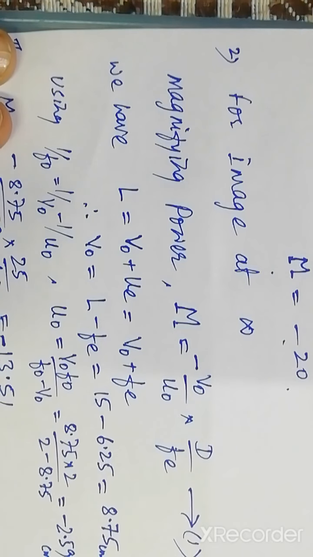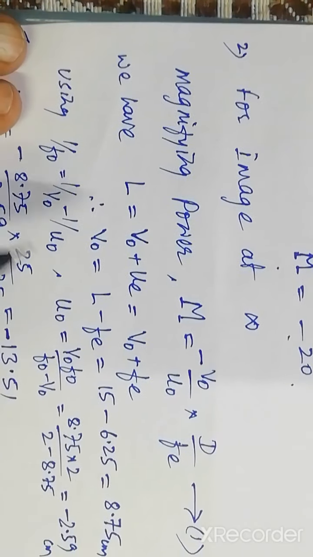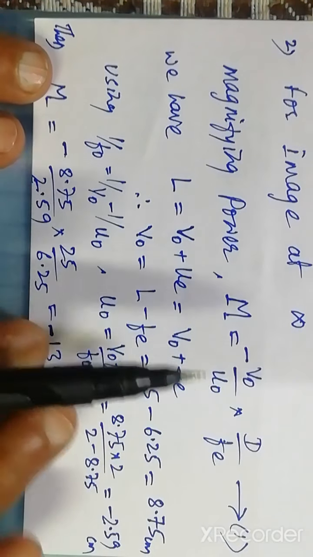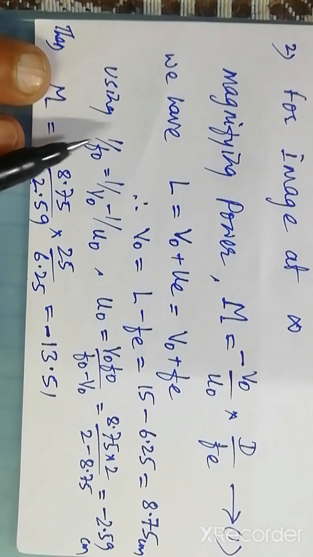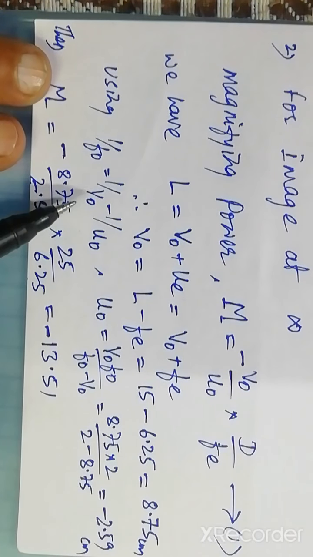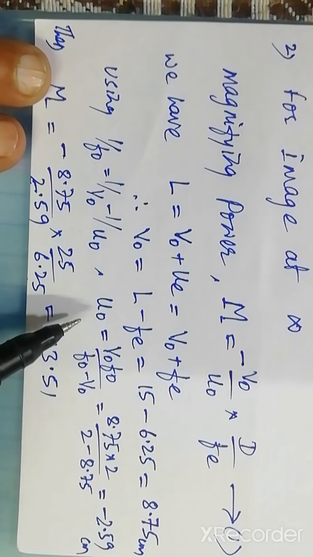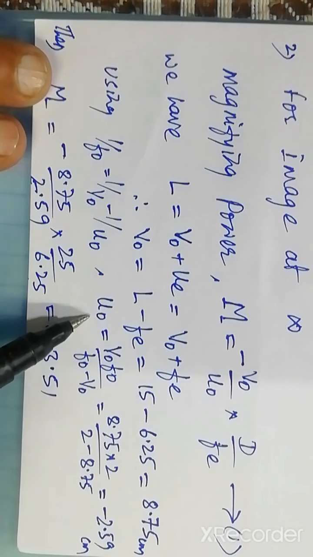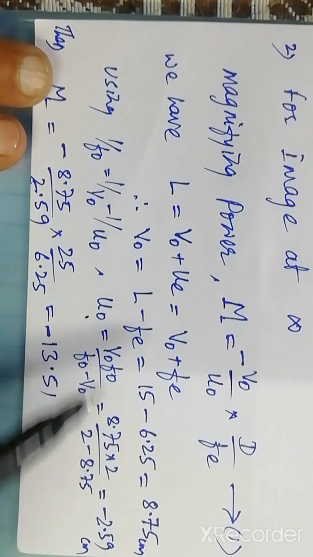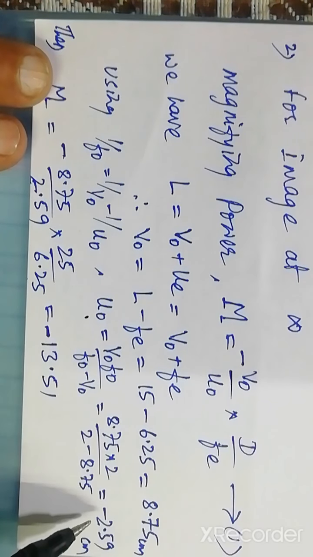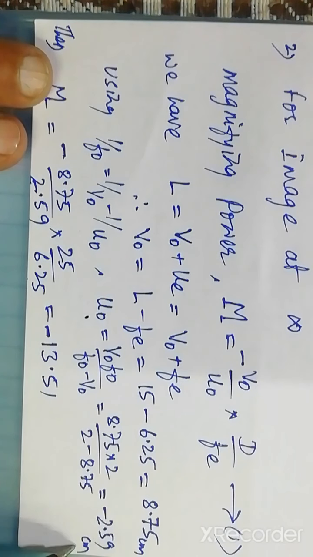Again using the lens formula, 1 by FO equals 1 by VO minus 1 by UO. We can calculate the object distance for the objective when the final image is formed at infinity, which comes out to be minus 2.59 centimeter.